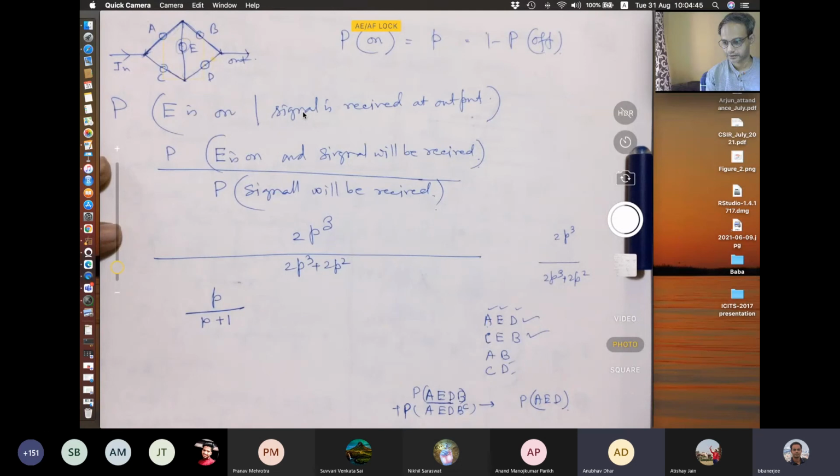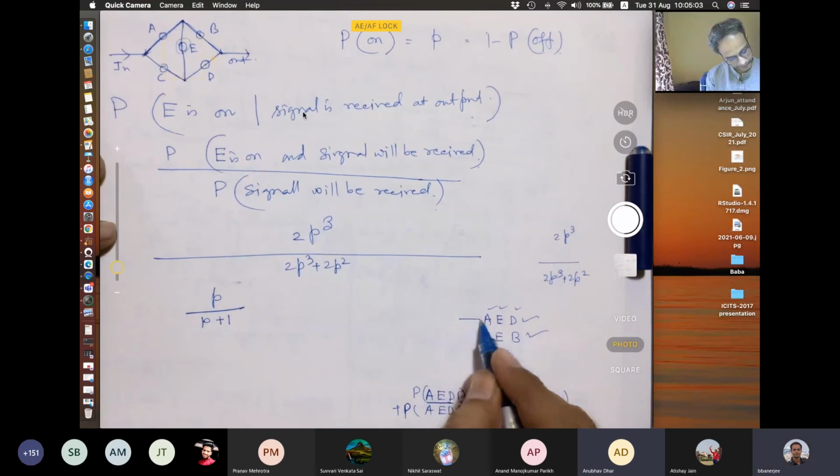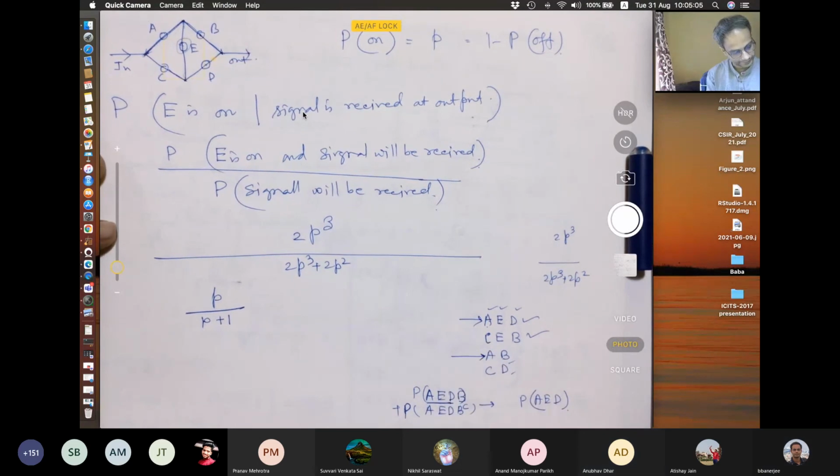Yes, sir, but this value should be counted only once. But in the above four paths that we have written, AED, CEB, AB, and CD, this path appears twice, in the first path as well as the third path. So should it be more clear saying it can travel only one path?